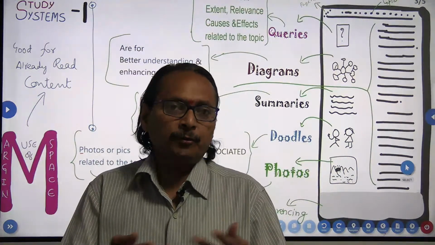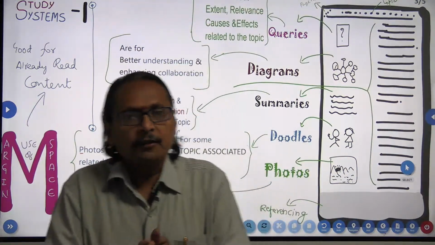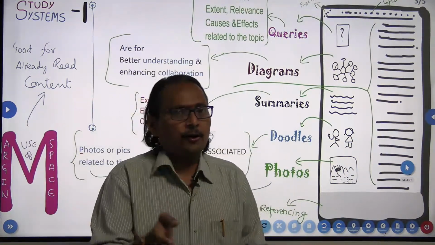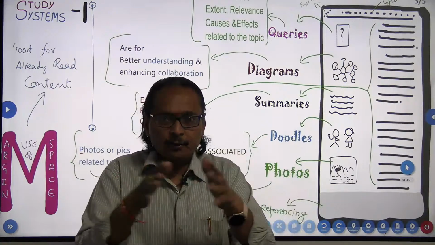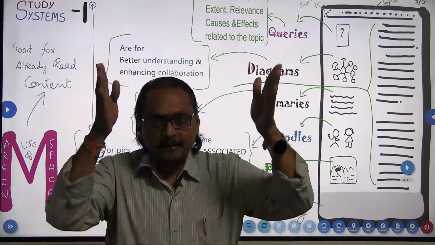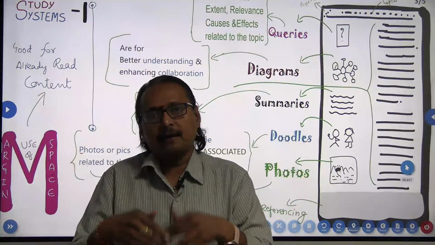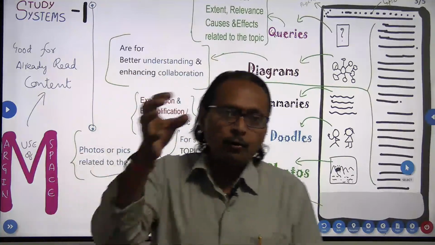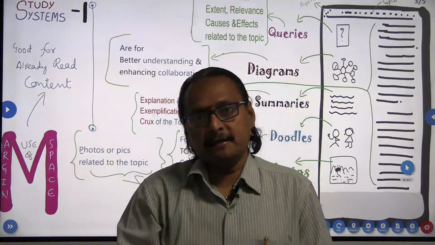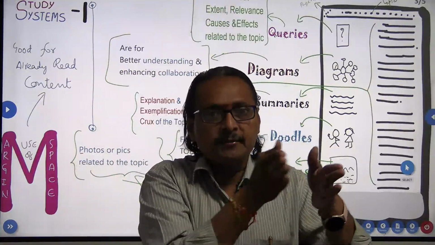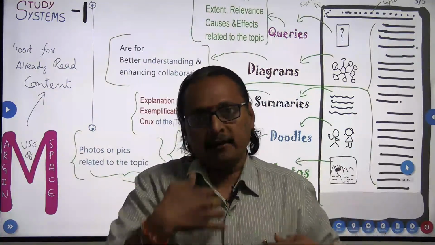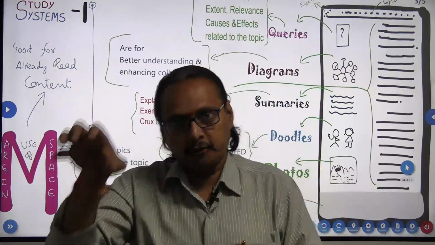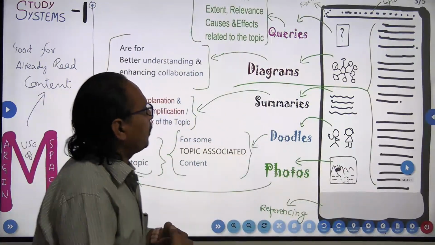Some other publishers come up with their own textbooks. Whatever book you are following, on either side of the two pages you will find some space which is usually called margin space. So how to make use of that margin space, especially when it is a little longer than what we expect a margin to be? In such a case, what are we going to do?